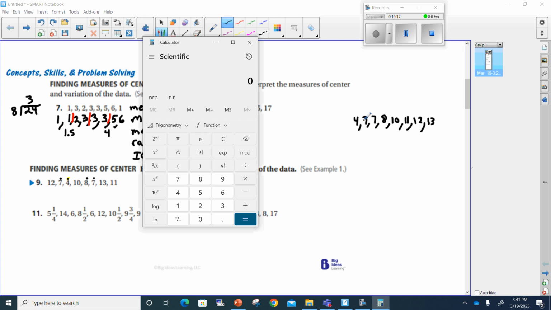And then we have 58 plus, well, 7 and 7 are 14. So 58 plus 14. That's 72. All right, so 72, and we're dividing it by 8. That's going to give us 9. So the mean is 9.